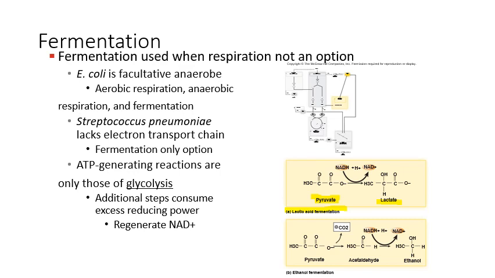This is what happens if your cells run out of oxygen. If they don't have enough oxygen for their mitochondria to function properly, they're still going to need to make ATP, and the best way they can do it is through lactic acid fermentation, which is really something only your skeletal muscles can do. And they only do it when they're really out of energy.